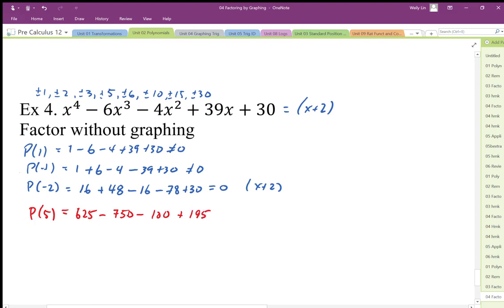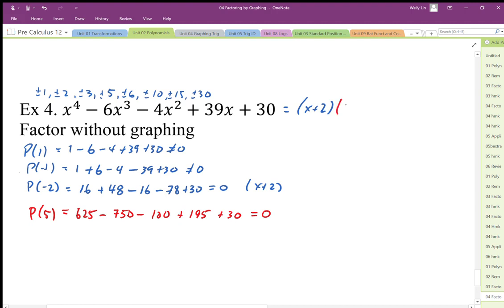If I'm not mistaken, yeah, 195 plus 30. Okay, so adding this up, this is negative 850. Here I add 195: 625 is 630, plus 90 is 720, plus 100 is 820, plus 30 is 850, so this is going to be equal to 0.